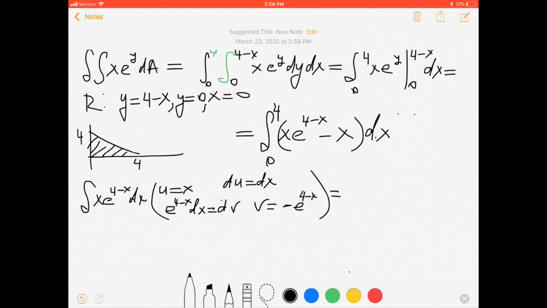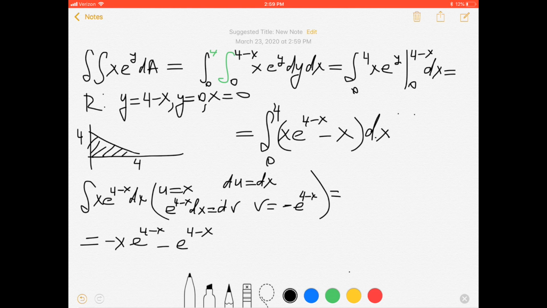We use this fact, we have this integral, it will be, I write here, minus x e to the 4 minus x minus the integral of v du, it will be the integral of e to the 4 minus x dx, which gives us one more time 4 minus x.